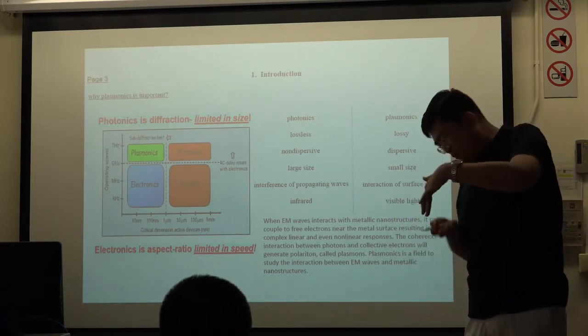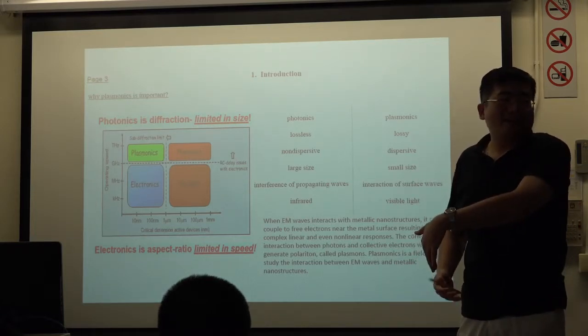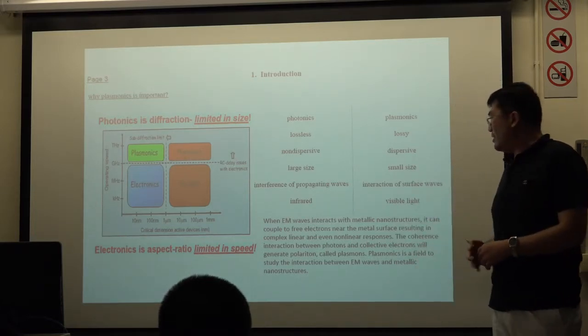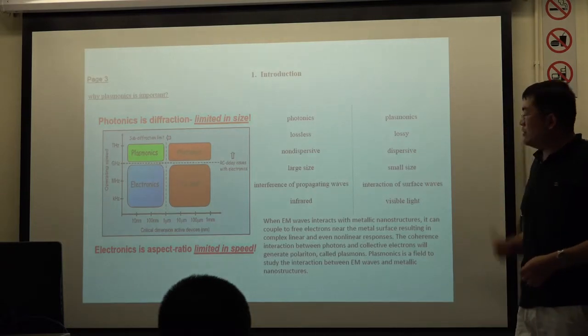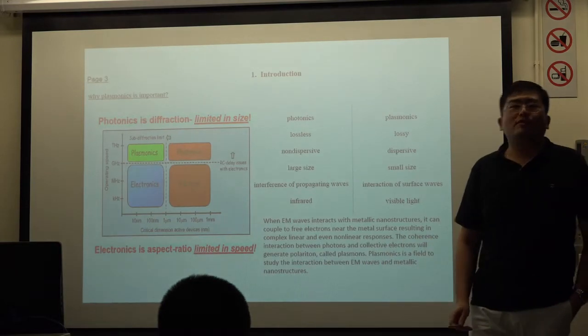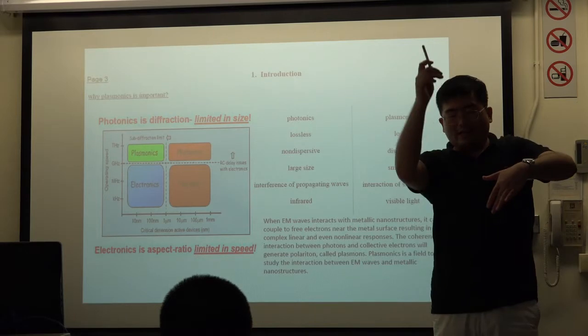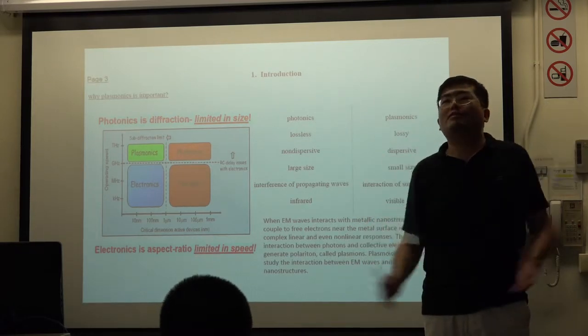It cannot couple very deep because it decays very fast in this lossy material. Once coupled, they interact strongly and have a complex linear, even nonlinear, response. In linear response, if I give omega, the reflected and scattered wave also has a frequency of omega.